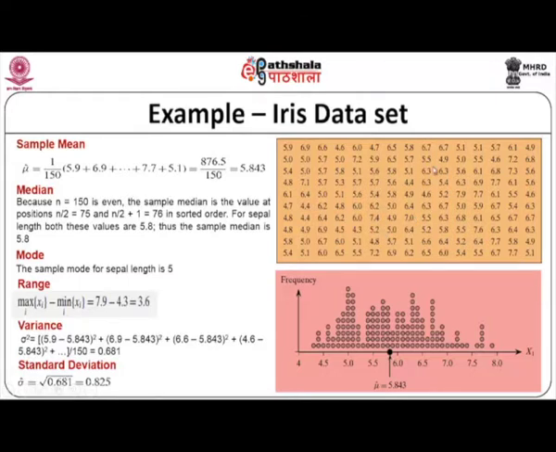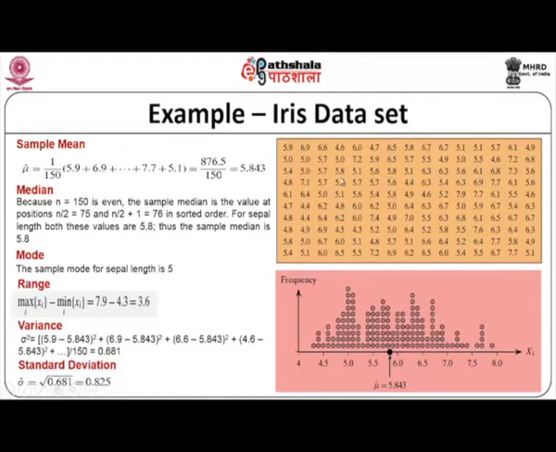So here from this data set we actually consider only one variable, which is sepal length. The total number of values collected here is 150. So we are considering the sepal length, and for the sepal length we have considered 150 samples. Now we can easily compute the sample mean.